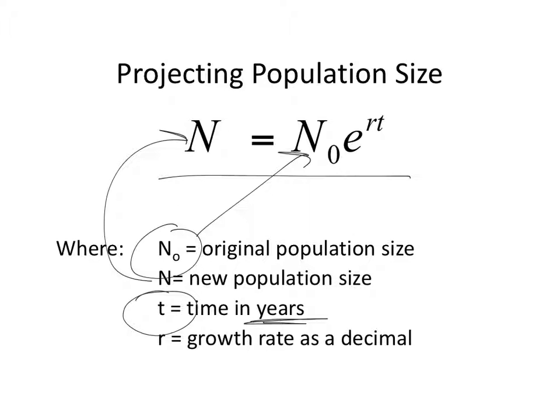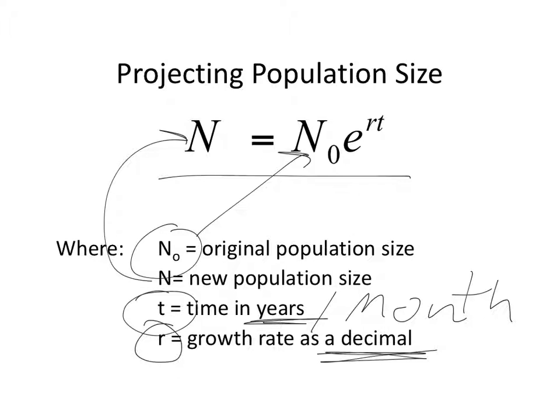If we're looking at growth rate in months, then that time has to be put into our month unit, and we'll see that in a second. And then r here, notice it's a little r, so we have the growth rate as a decimal, and if we see a big R, we know that's growth rate as a percentage. So we can use this to calculate and to project population sizes.